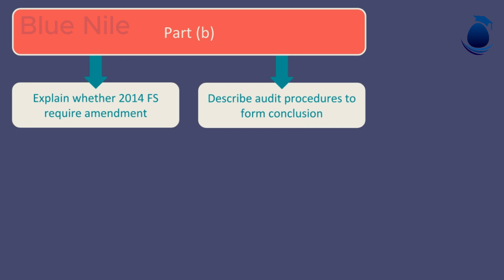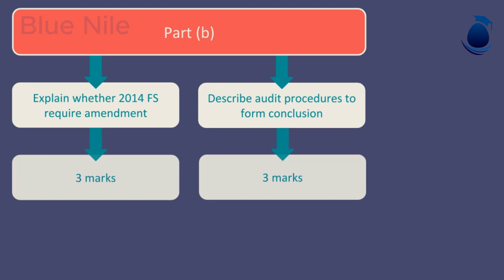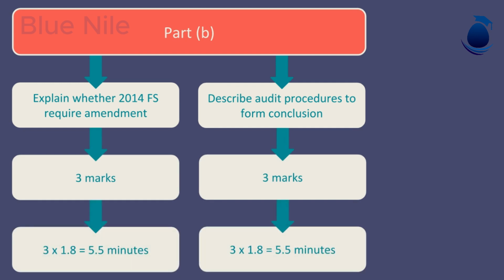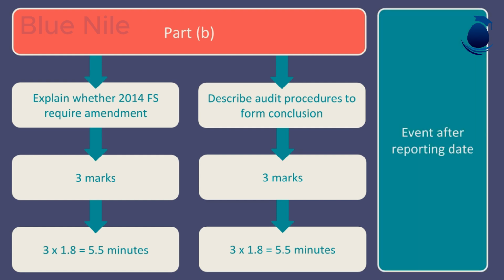These requirements are for 6 marks, and it states that the marks will be split equally, so that's 3 marks each. For 6 marks, you should be spending around 11 minutes on this part. The scenario within this part contains an event after the reporting period. You must decide if it impacts on the current financial year statements, using your knowledge from accounting standards.